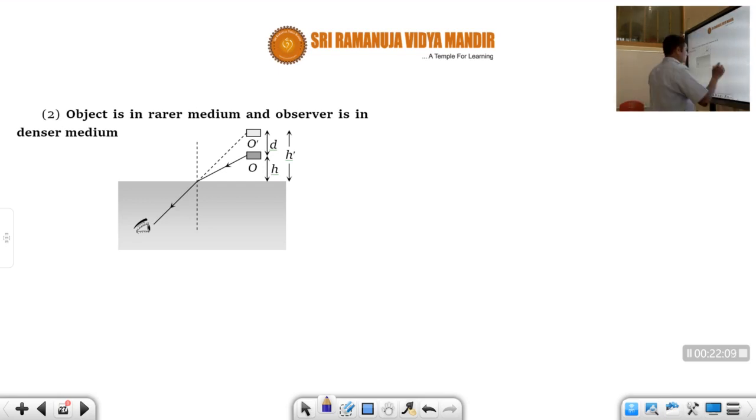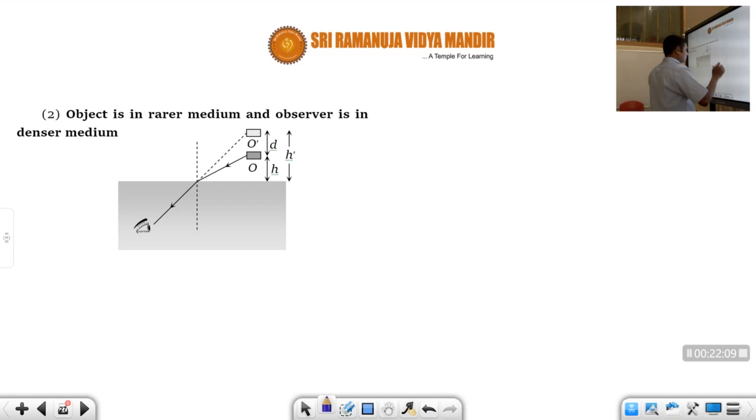Let us see here, students. For example, let us say this is some water. You are inside water like this, and you are seeing an object here. Let us say the real height of this object is h.